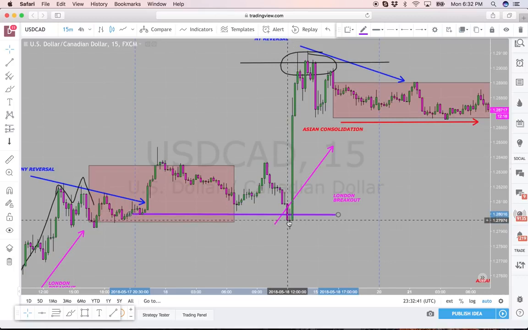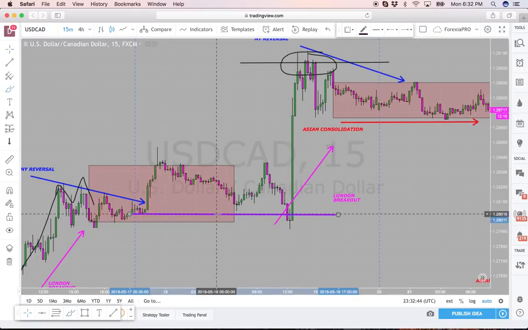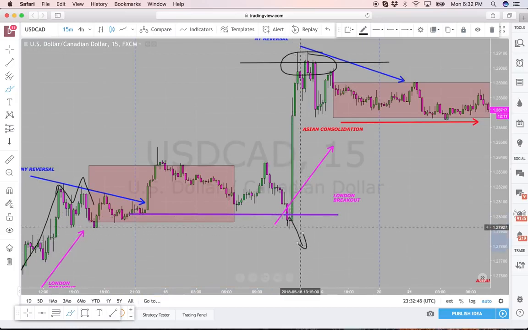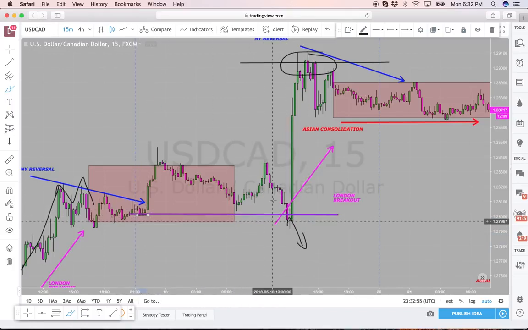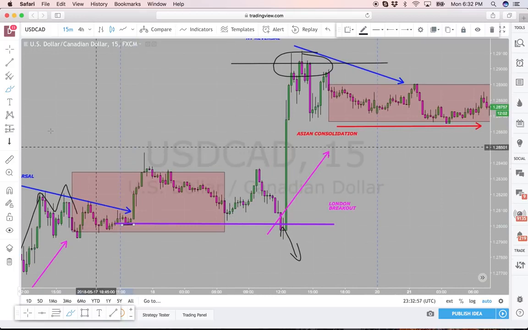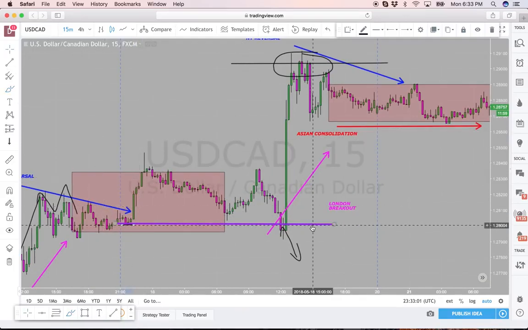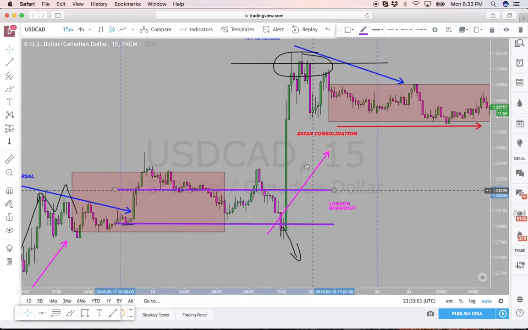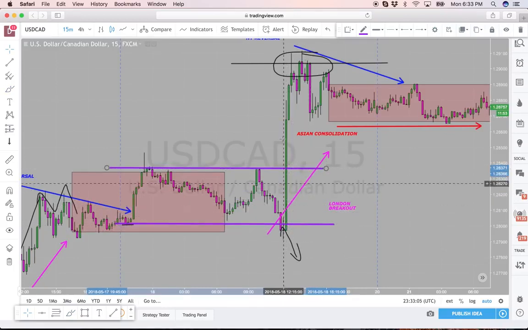That is a confirmation to retail traders to take this trade short because it's closing below that support or resistance line, whatever they want to call that. And then you can see the breakout London session in one candle shot up 70, 80 pips. 80 pips in one 15-minute candle.